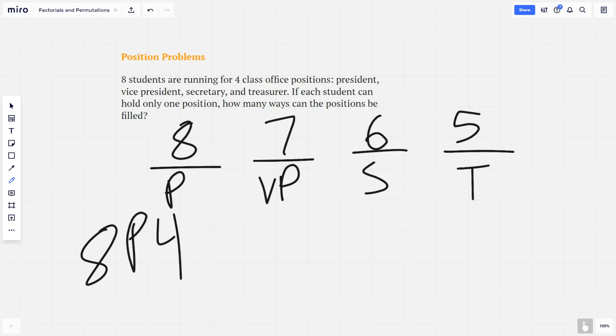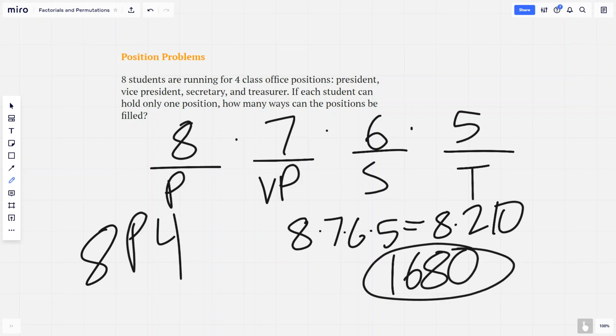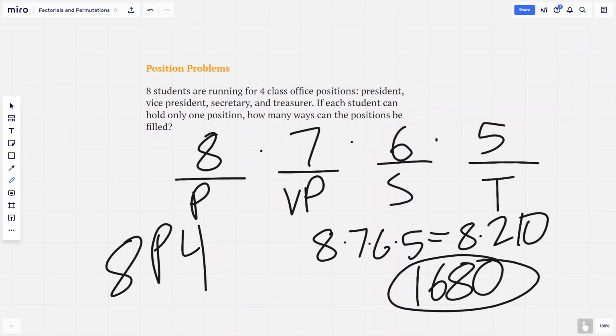So 8 permute 4 is simply 8 times 7 times 6 times 5. And 8 times 7 times 6 times 5 is 8 times 210, which is 1,680. Now that's a really common type of position problem, and there could be restrictions, but for the most part, this is the type of position problem you'll see, which is a permutation.